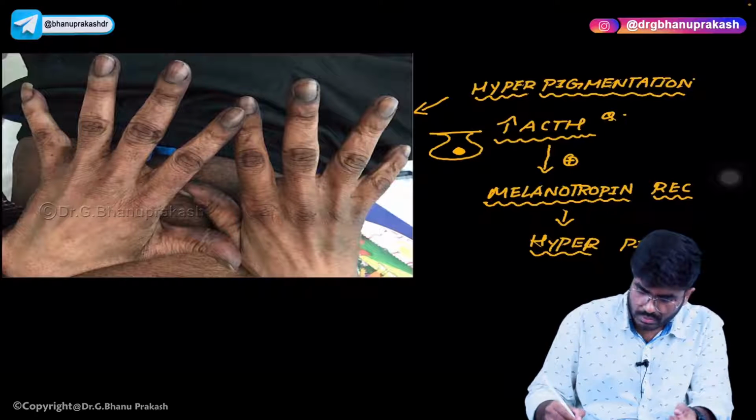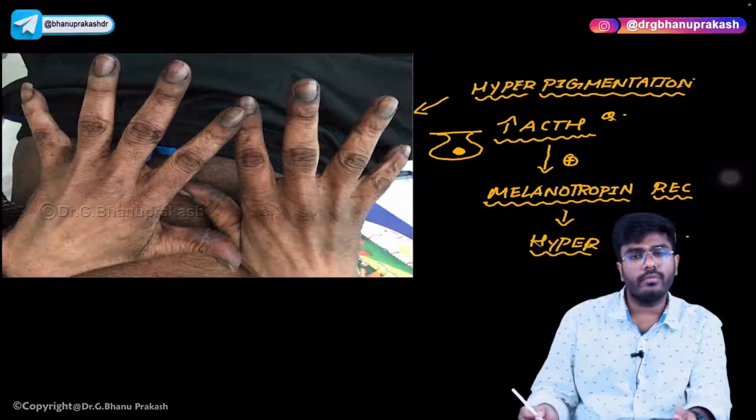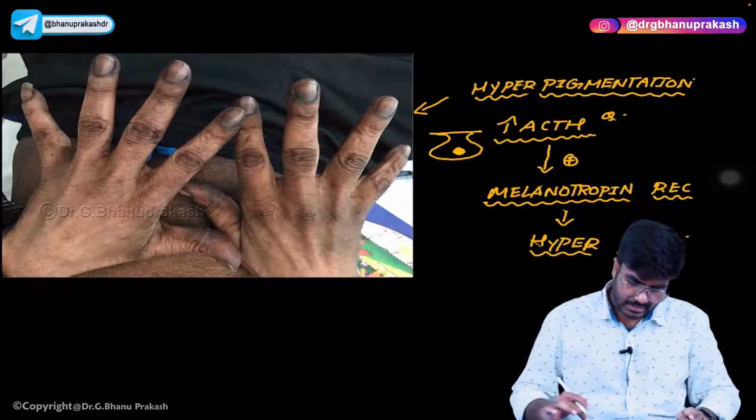Okay, this is the reason. So hyperpigmentation is because of excessive amount of ACTH. Now after this, let's see what are the causes of Cushing syndrome.